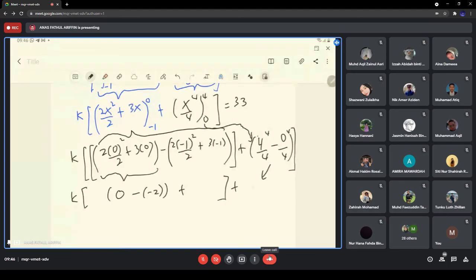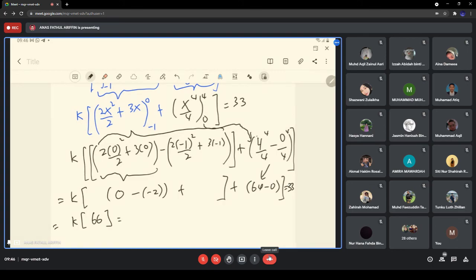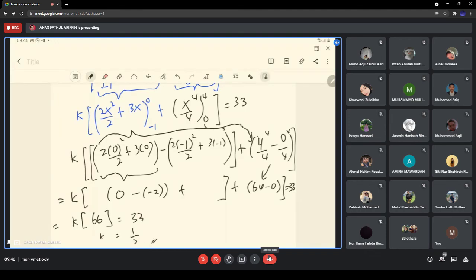Okay, 64 minus 0. So k equivalent to 33. So 2k plus 64 becomes 66, equivalent to 33. So from here we have k equivalent to 1 over 2.